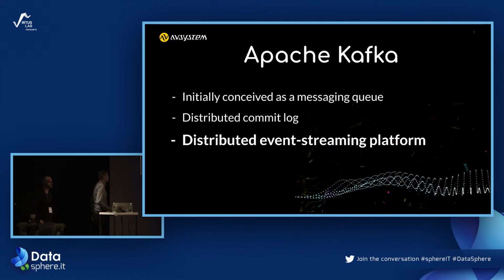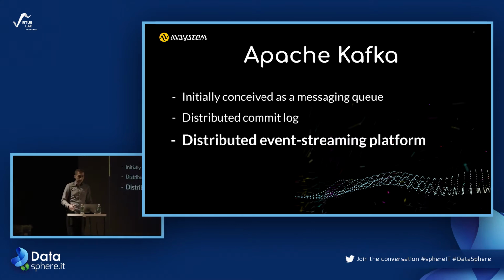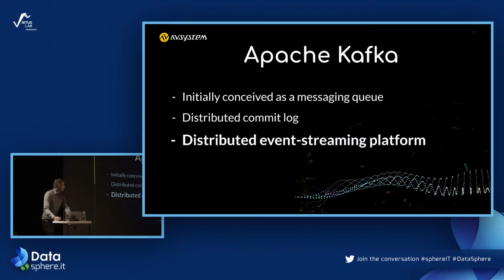Okay, let's start at the beginning. What is Apache Kafka? Initially, it was conceived as a messaging queue. At its core, it's a performant distributed commit log, but the times when Apache Kafka was only a performant event bus are probably gone.